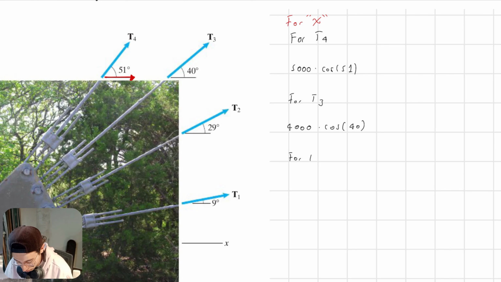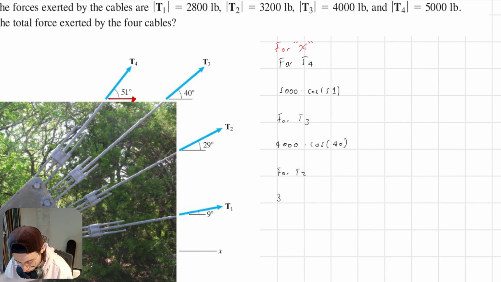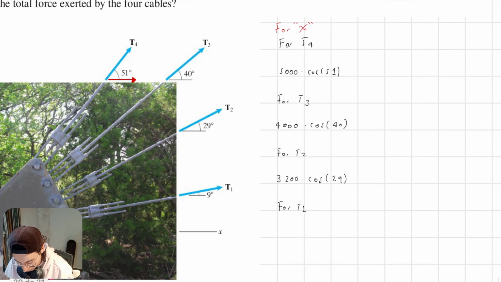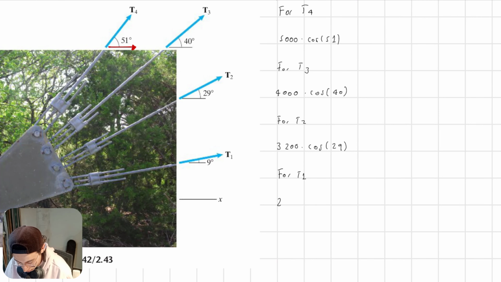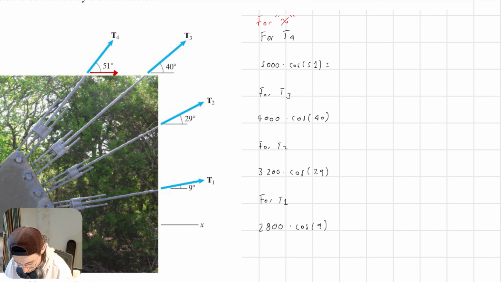So for T2, right here I have 3,200 times the cosine of 29. And finally for T1, I have 2,800 times the cosine of 9. And this is going to give me an answer for each.